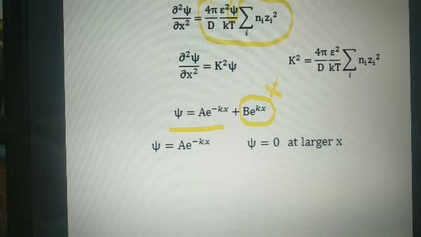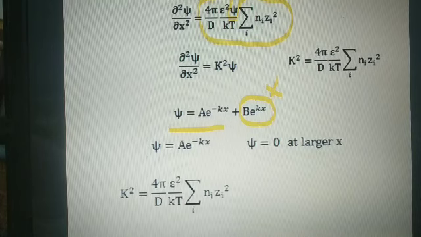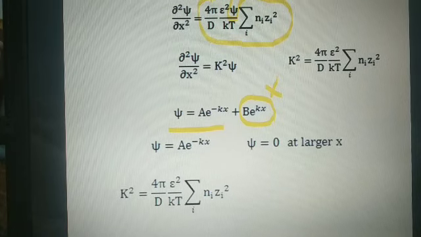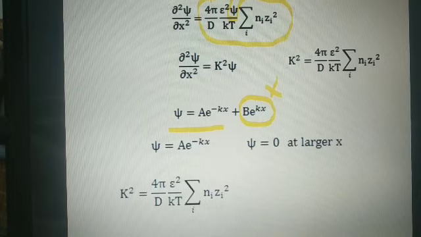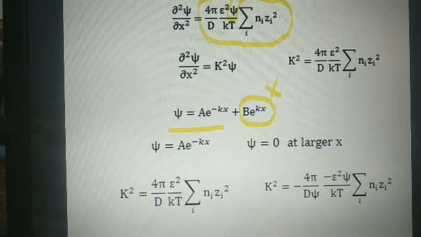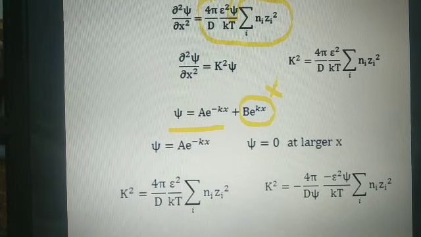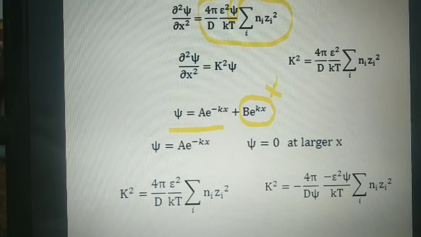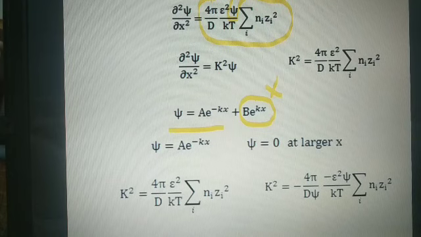Now k square we know is equal to 4 pi epsilon square upon dkt, as it is from the above here. I modify it a little bit in order to include the rho here. So divided by psi and multiplied by psi.